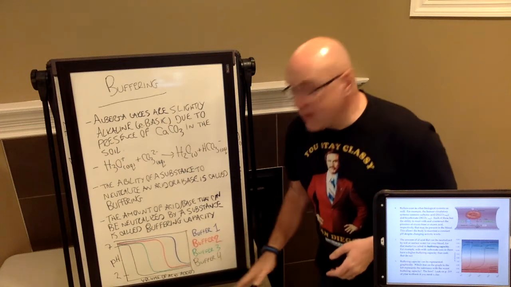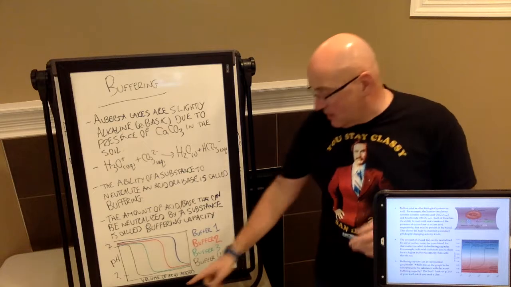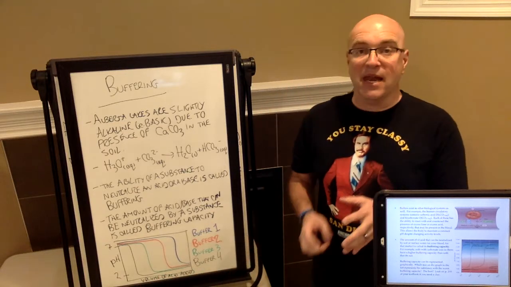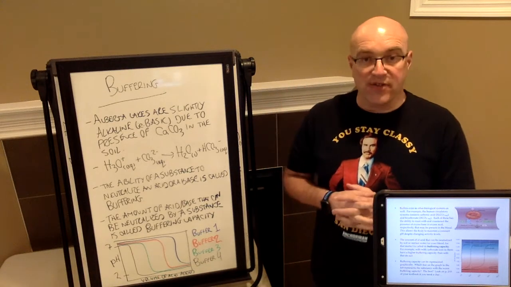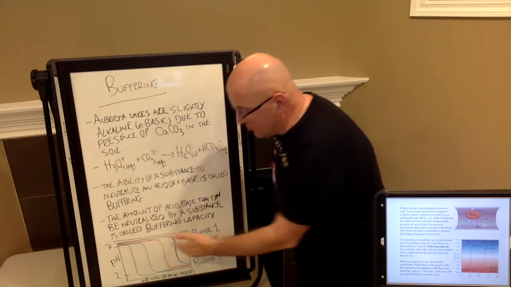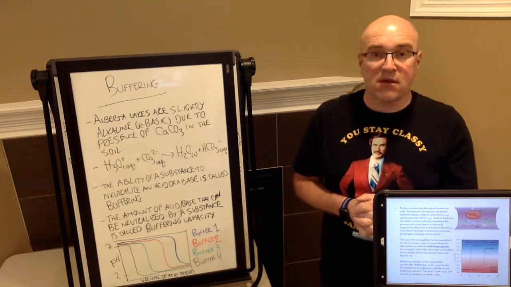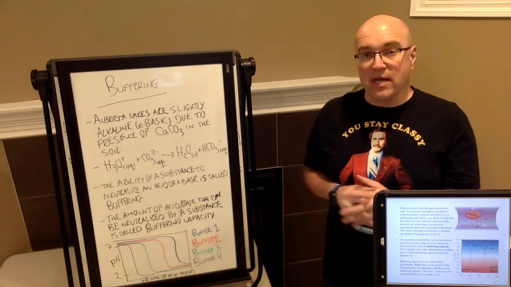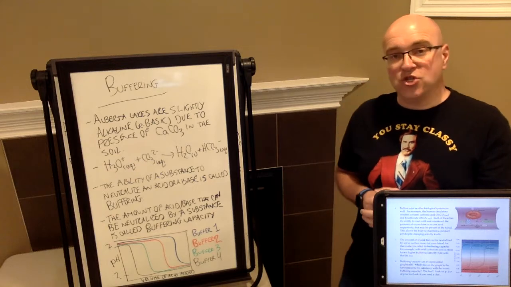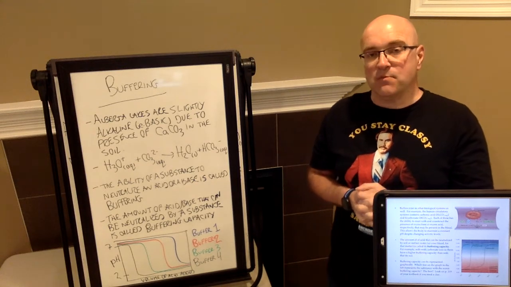They are all there to neutralize an acid that's being added into a system, into a beaker. But the question is, based on this graph, which of these buffering agents has the highest buffering capacity? Which one does the job the best? Which one resists the change in pH the most?